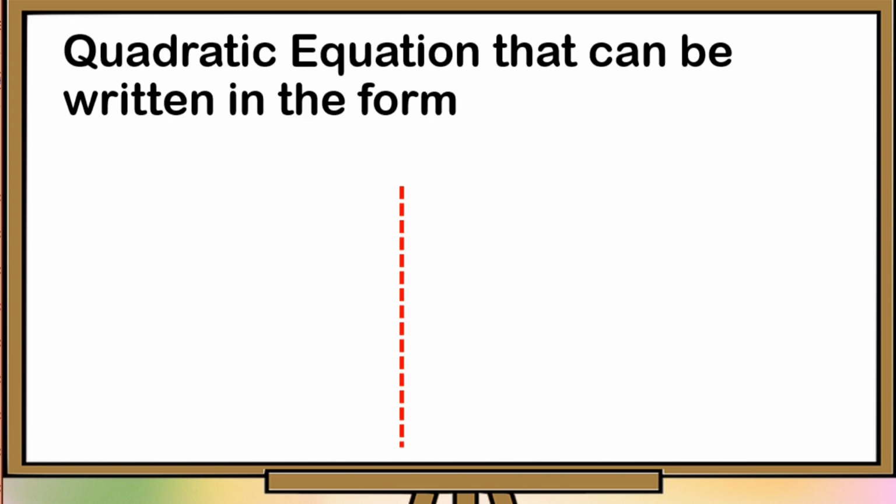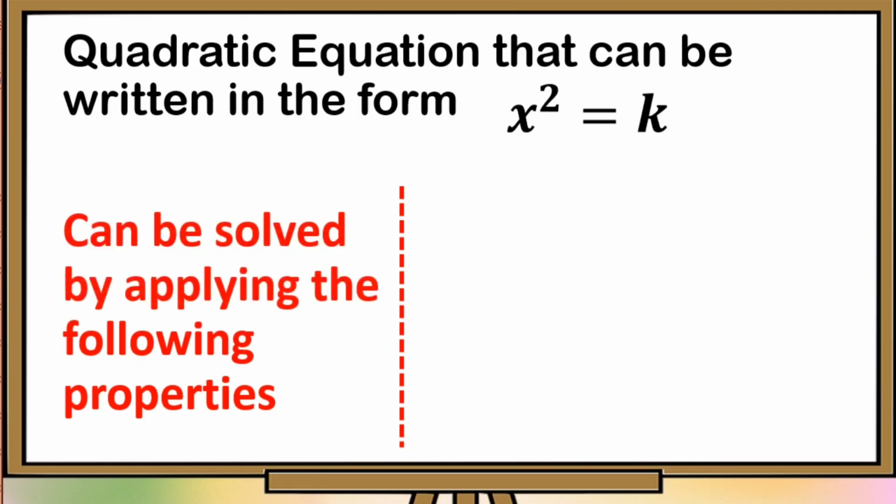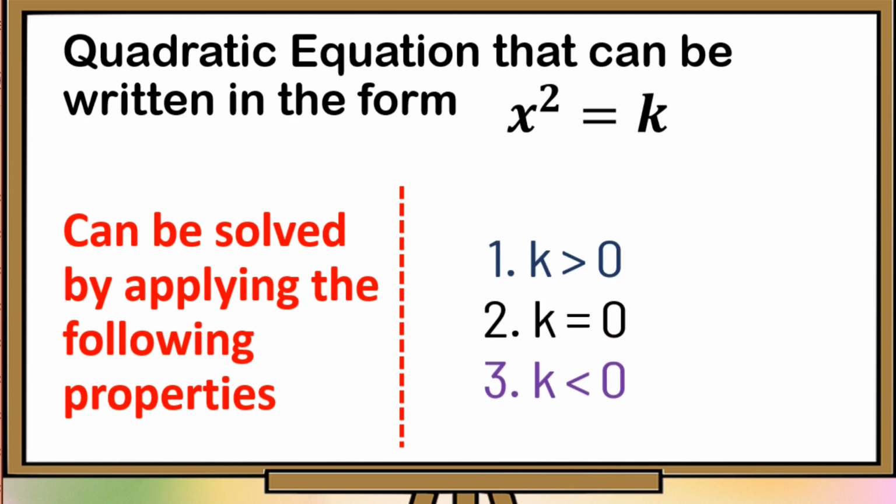Okay. Take note that a quadratic equation can be written in the form x squared equals k, where k is a constant. By the way, this is the same as our previous given equations. We can solve by applying the following properties: k greater than 0, k equals 0, k less than 0.